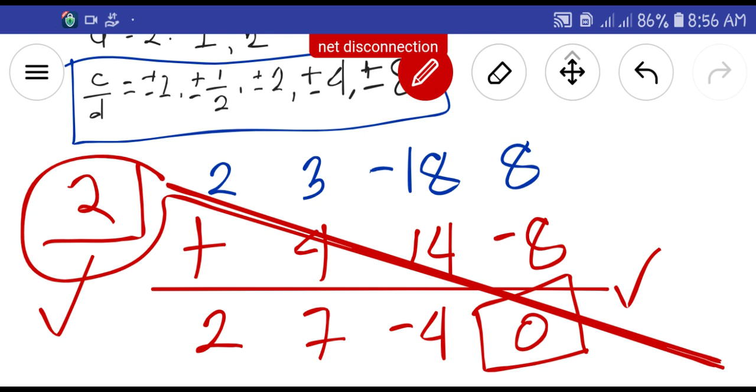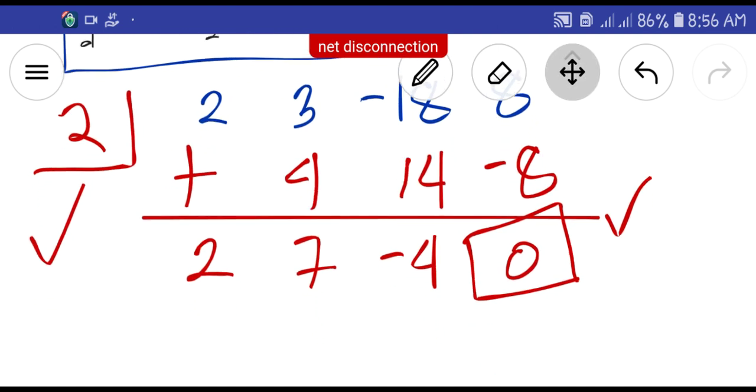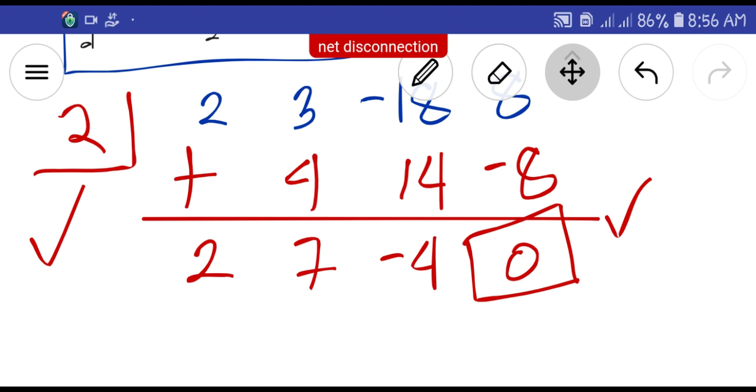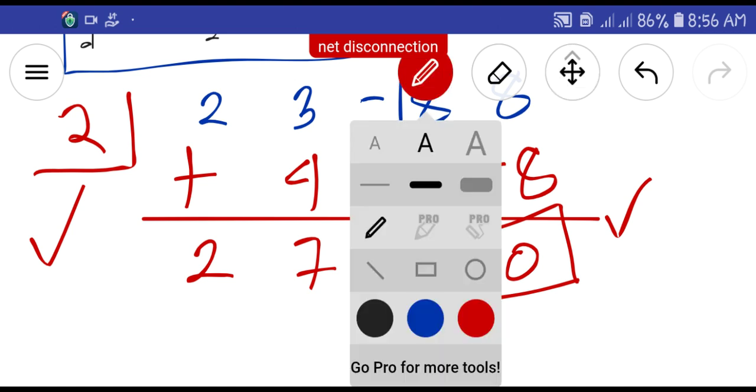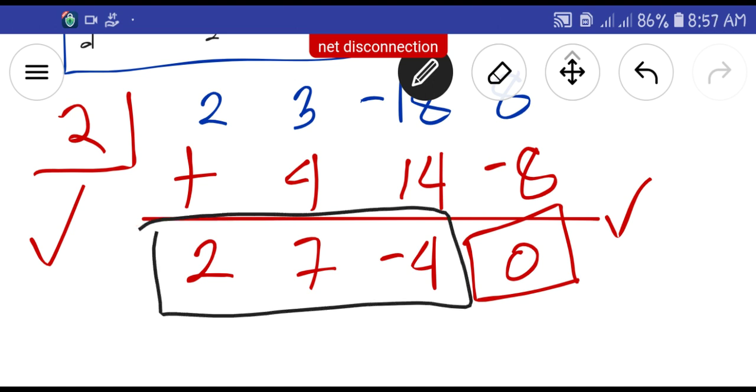So the next one, after this one, from the cubic one, your new quotient will become, this will be the coefficient of your new quotient.